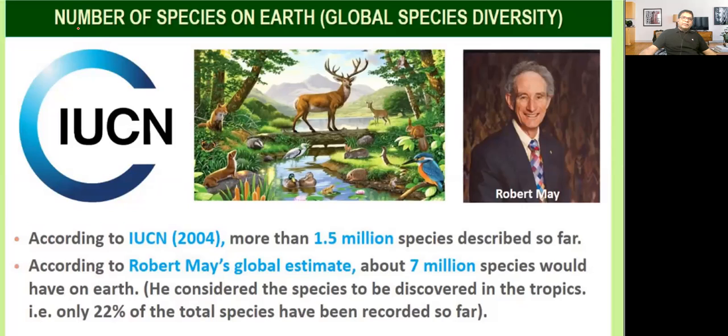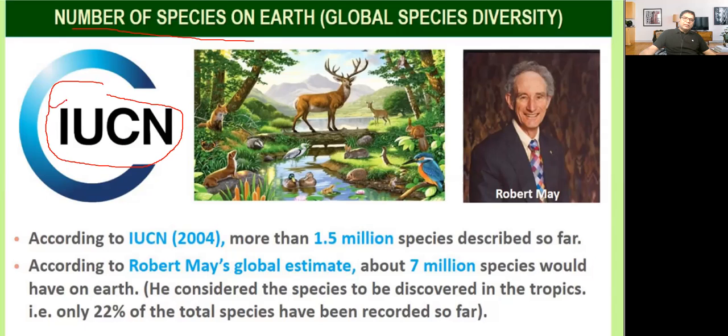Now we'll be discussing the number of species on Earth, that is, global species diversity. There is an organization called IUCN, the International Union for Conservation of Nature and Natural Resources. Sometimes a question asks for the full form of IUCN.